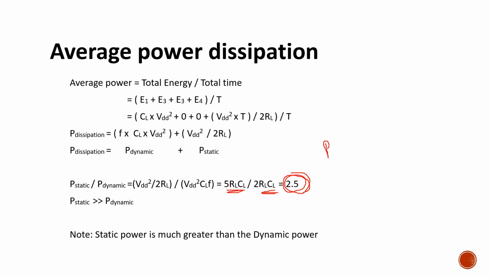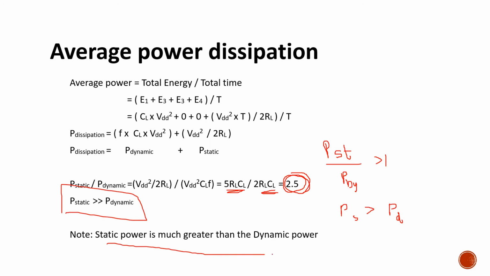So here I can say P static by P dynamic is greater than 1. That means P static is greater than P dynamic. Okay, so we conclude P static is more than P dynamic. Yes, static power is much greater than the dynamic power. We want to reduce the static power at any cost.